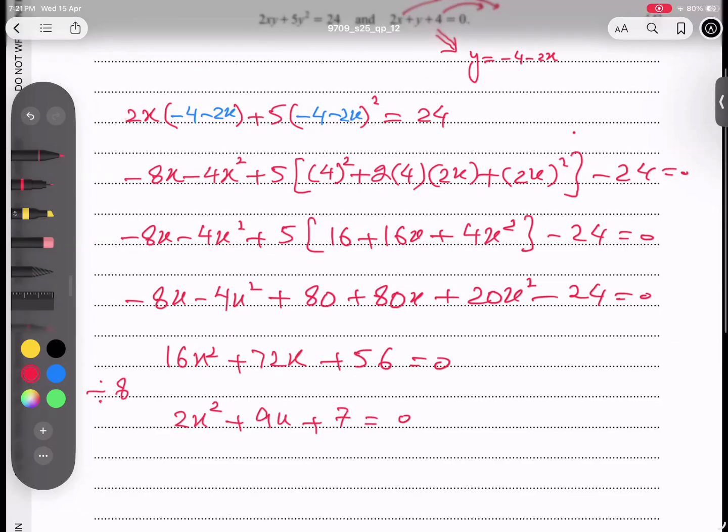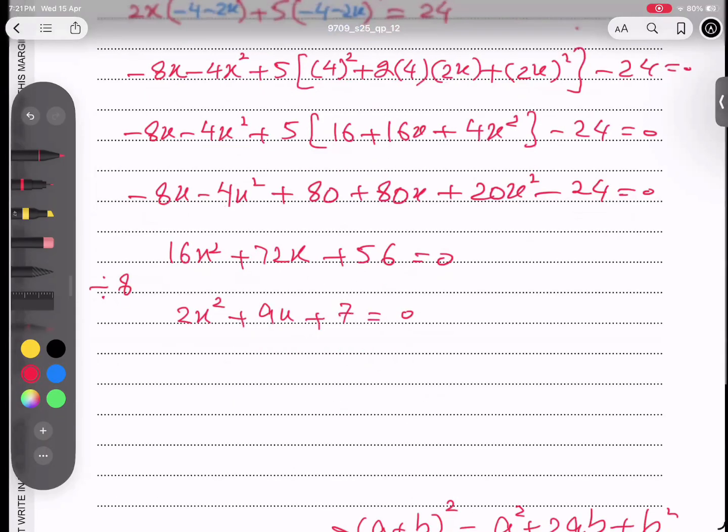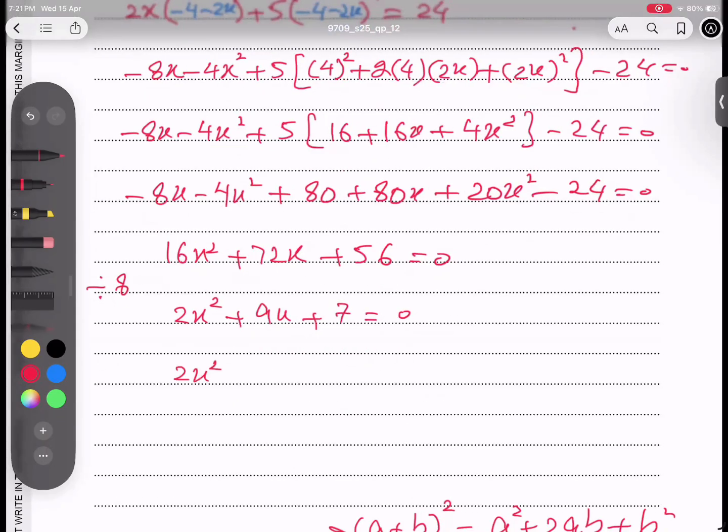And when you factorize, 7 2s are, wait a minute, 7 2s are 14. Hold on, let me check. 56. No, I think this is correct, 7.